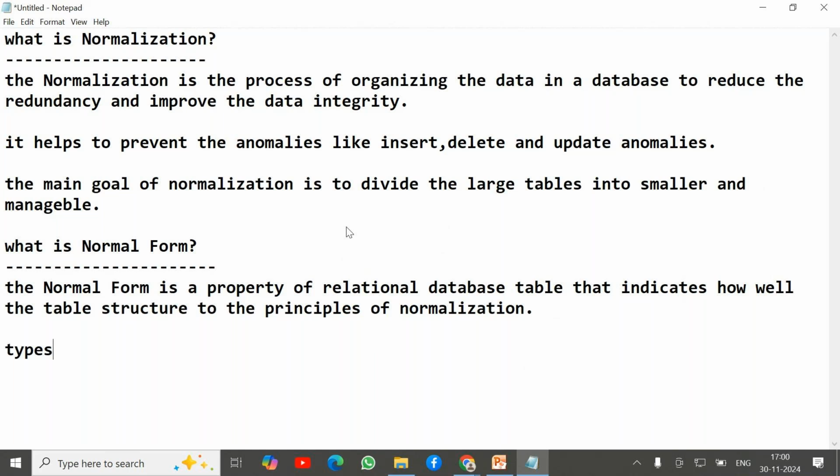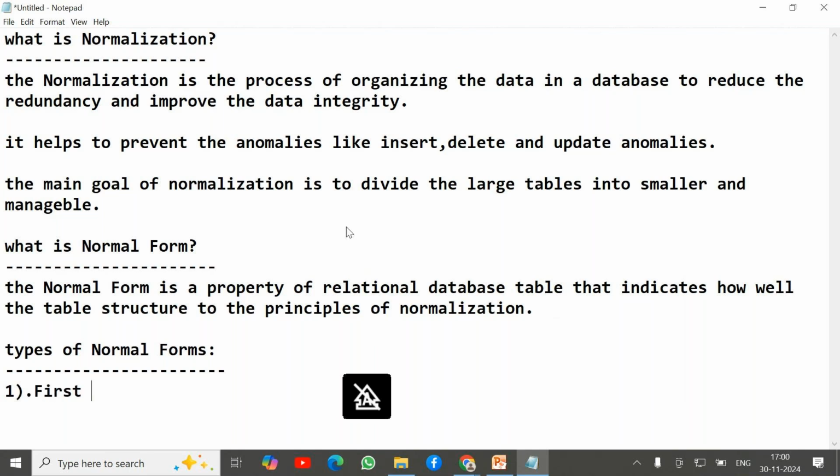Types of normal forms. Different types of normal forms are there. One is the first normal form, or simply 1NF.